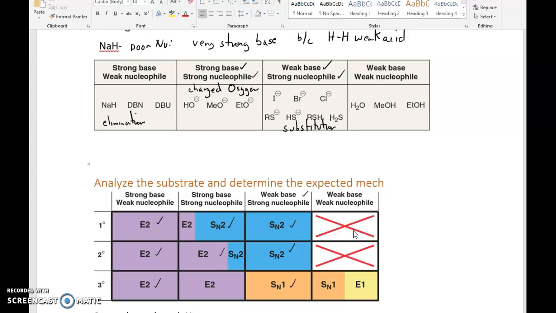If we go to a tertiary substrate, remember we said we can't have an SN2 reaction on a tertiary substrate, and so it's all E2. If we have a weak base and a weak nucleophile, this last one, we'll get an SN1 and E1 reaction. Here we're going to make a carbocation, and then it gets attacked.